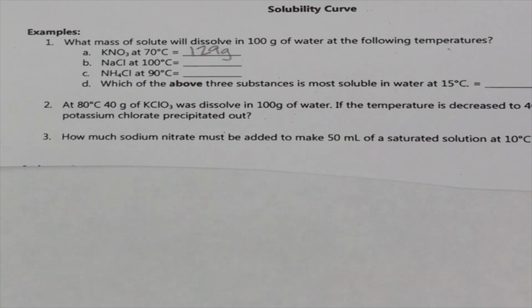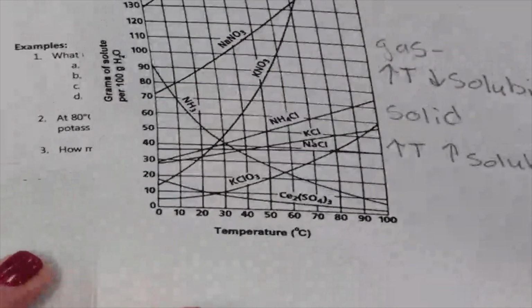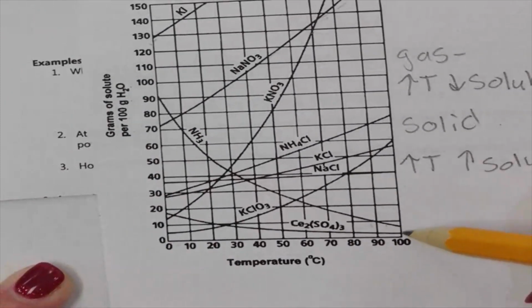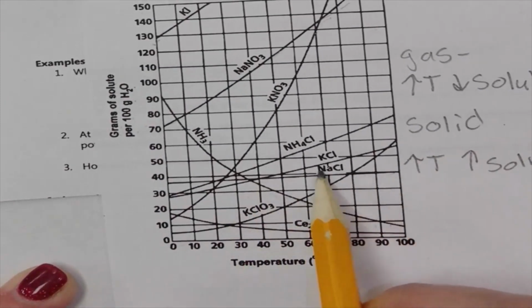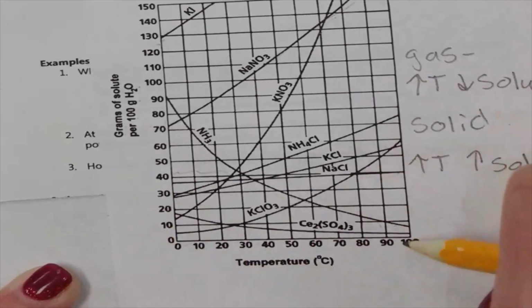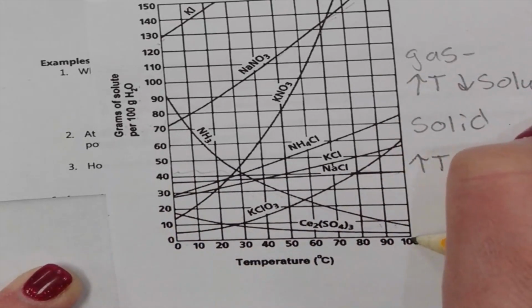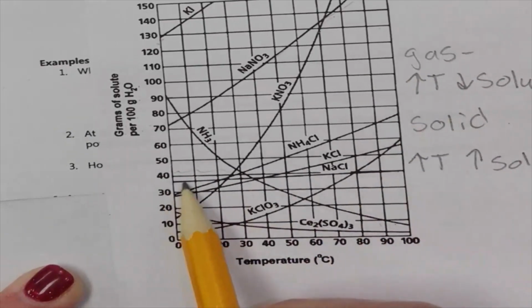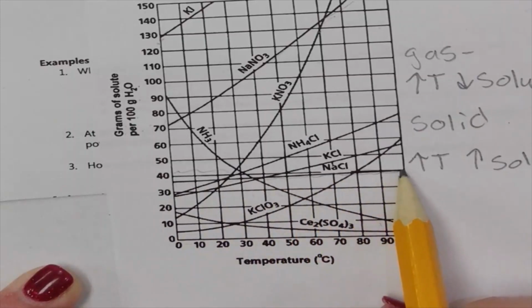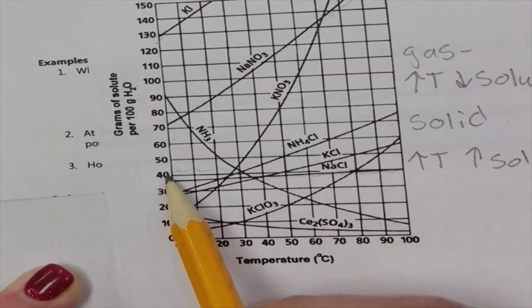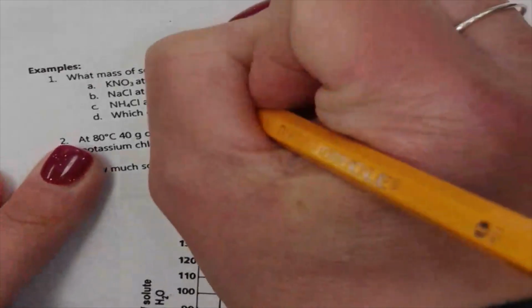All right, so where is sodium chloride saturated at 100 degrees? So I have 100 degrees. Here is my sodium chloride line. My sodium chloride line is at exactly 40 grams.